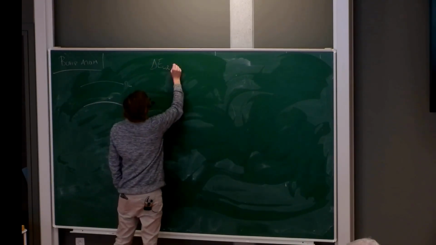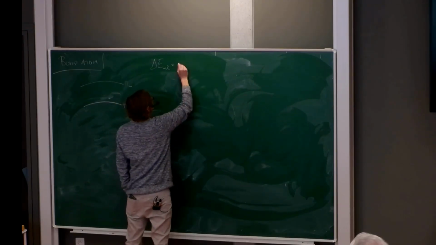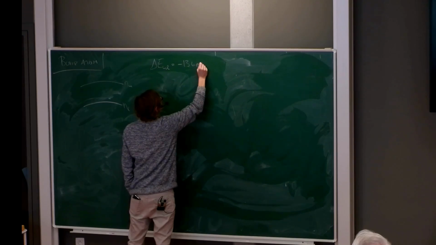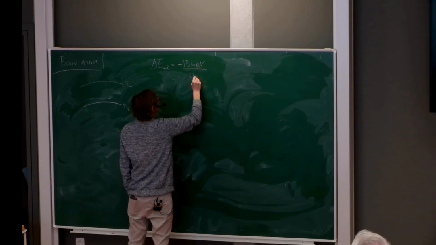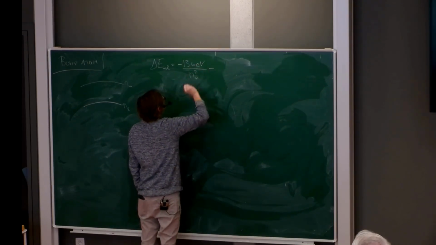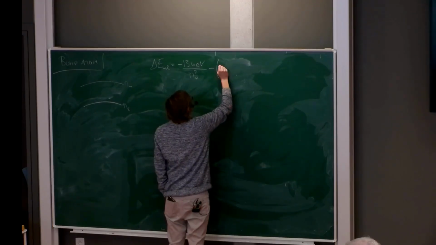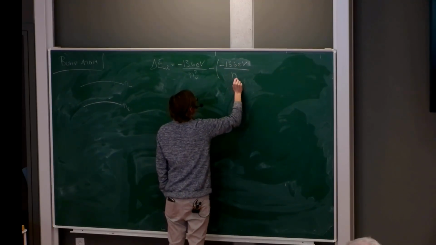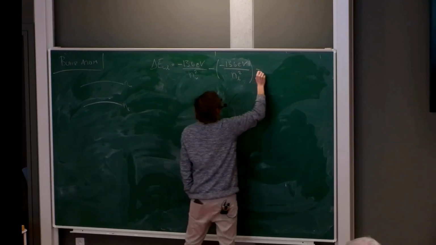Well, we said that must be minus 13.6 electron volt divided by n upper squared minus 13.6 electron volt divided by n lower squared.